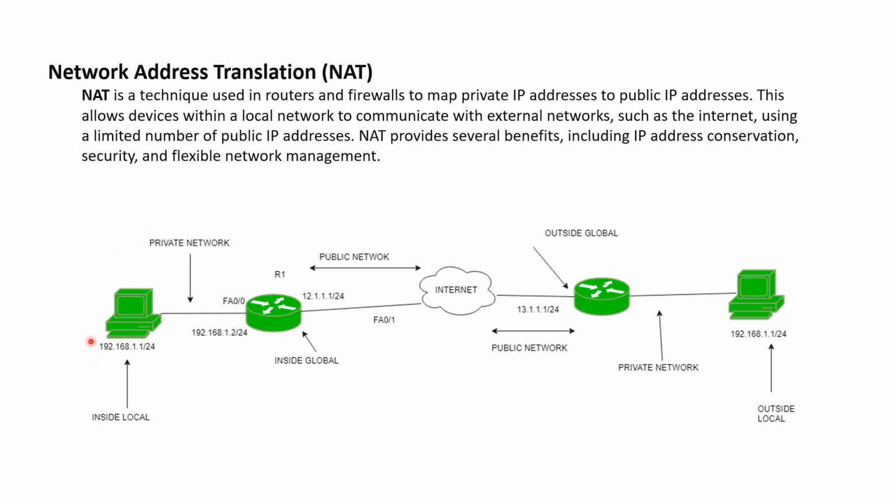Now let's understand how it works. Suppose this host has to access this other host, which is connected through these routers having NAT and the internet. Suppose this host has to send a message to this one. What would it do?